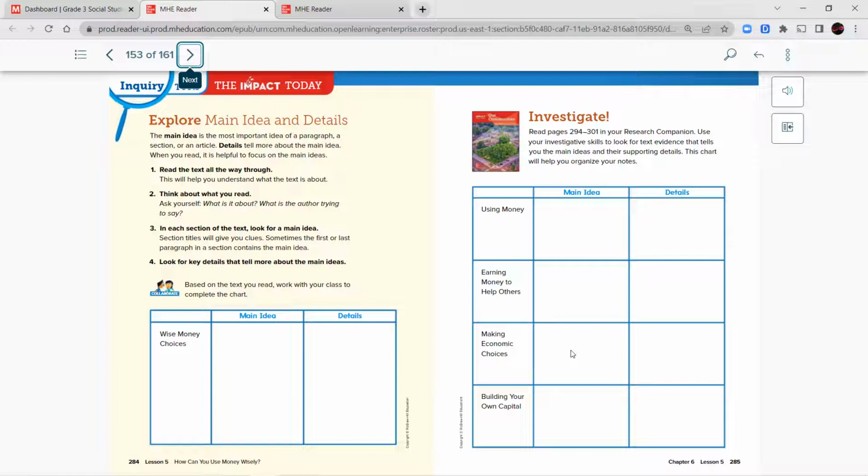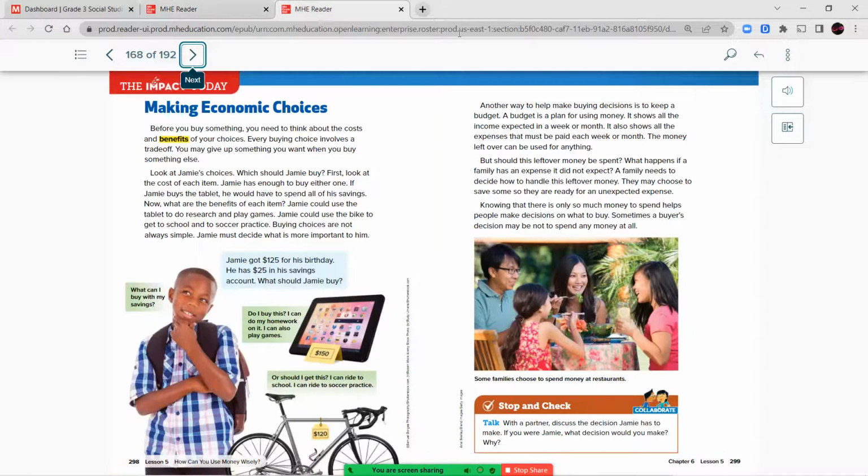Deciding to save money in case of an unexpected expense is a good choice to make as well. And keeping track of how much money we spend each month or each week helps us to make sure we're not spending too much money and that we are able to save some money.